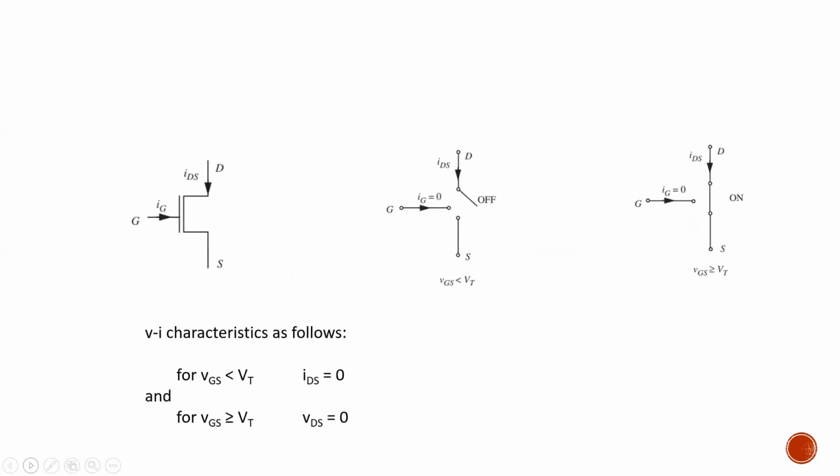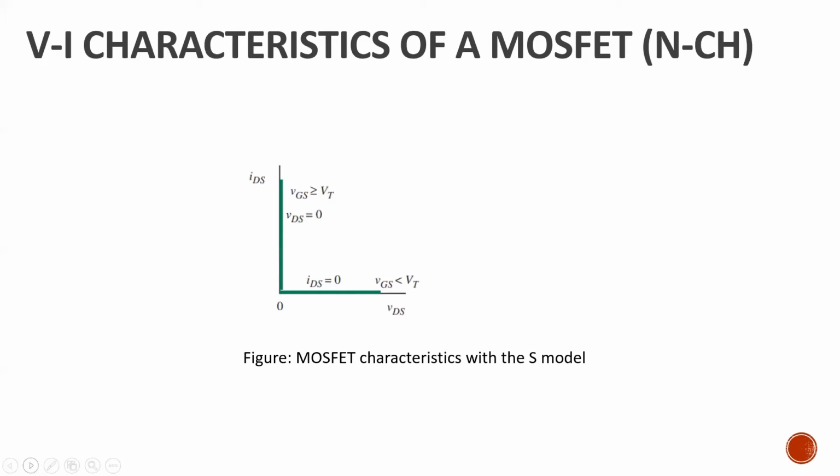The MOSFET based switch you are seeing is a bidirectional switch because the MOSFET is a symmetrical device where you can exchange source as drain and drain as source. So it is a symmetrical switch, and you can see the VI characteristics as well.